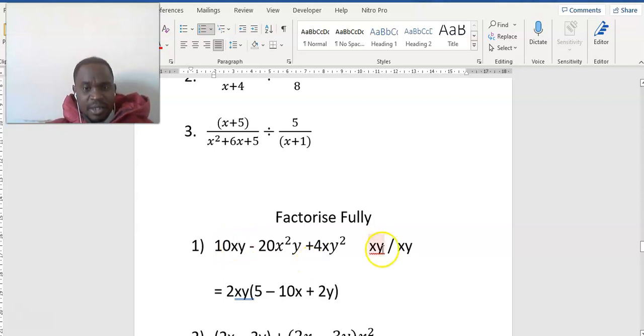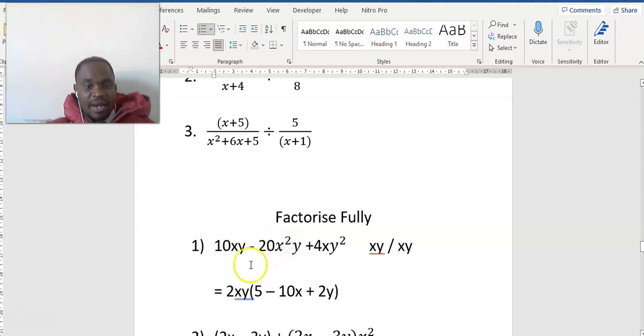So this x will cancel this, and this y will cancel this to give you 1. 5 times 1 is what? 5. Okay, so let's look at this one also.